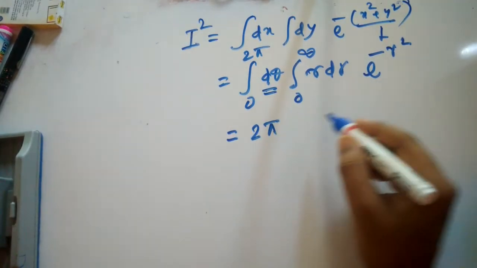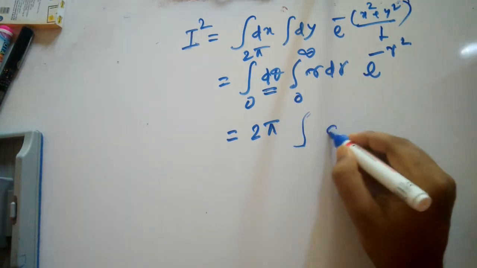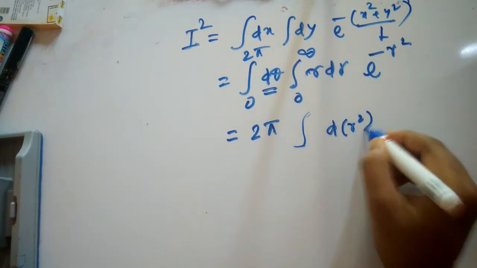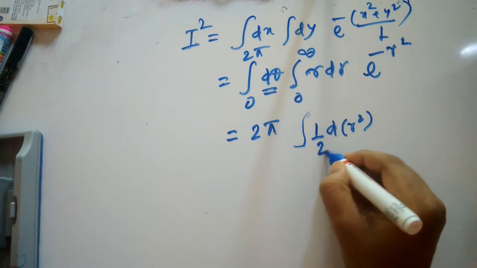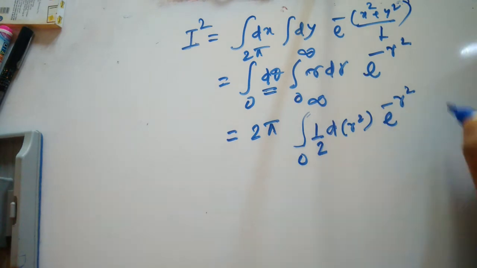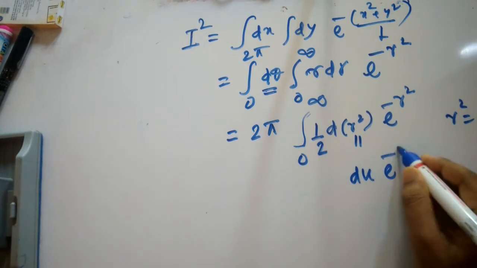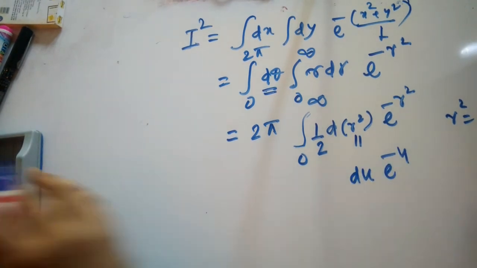And to do this integration, we can write it like d r square into half e to the power minus r square. Why we are writing this? Because if we take r square equals u, then it will be just du e to the power minus u, right? So this is just an exponential integration.